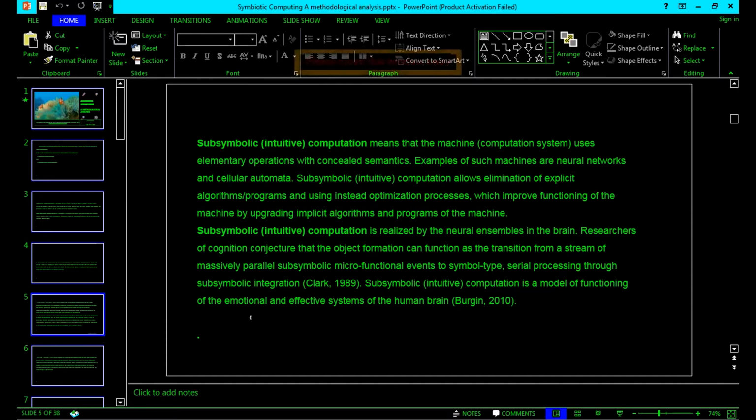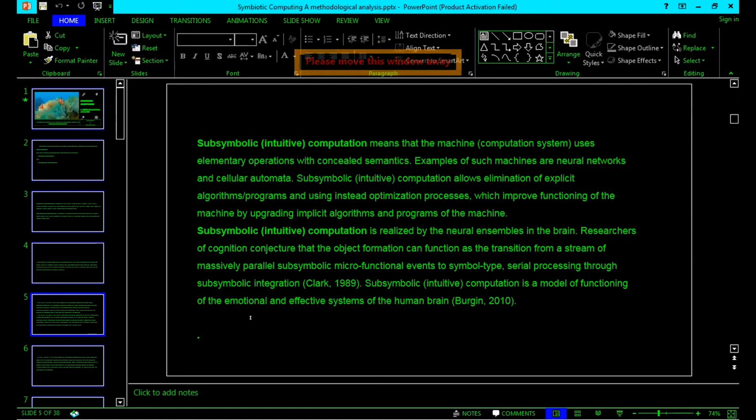Sub-symbolic intuitive computation allows elimination of explicit algorithms and programs, using instead optimization processes which improve functioning of the machine by upgrading implicit algorithms and programs of the machine.